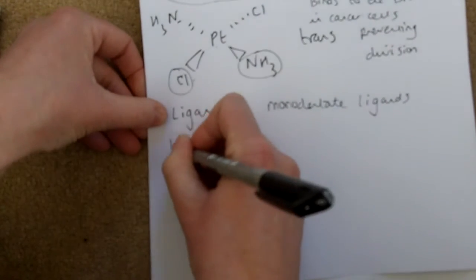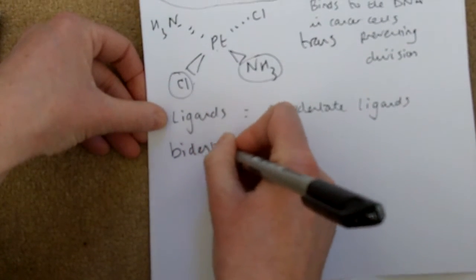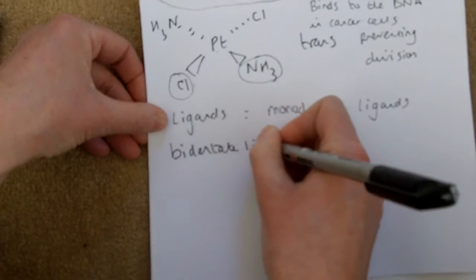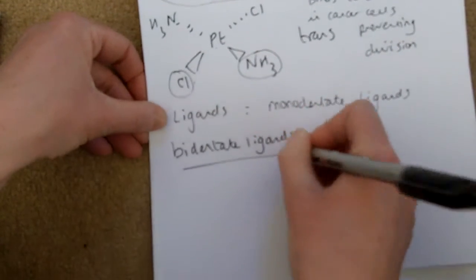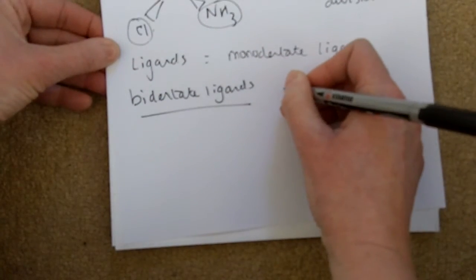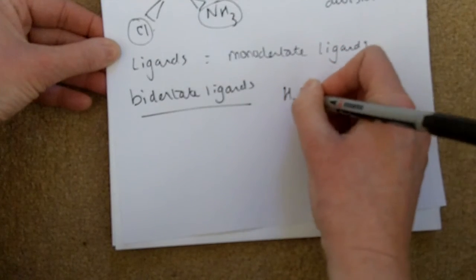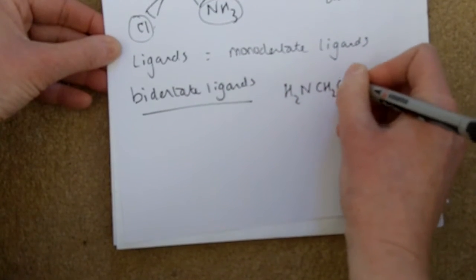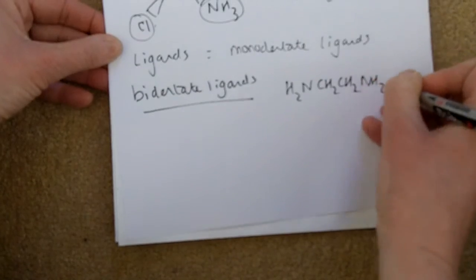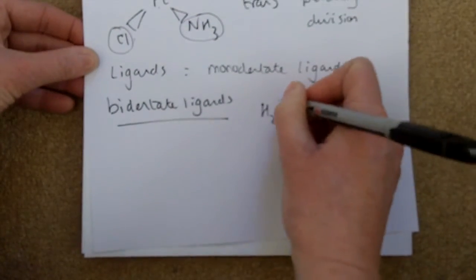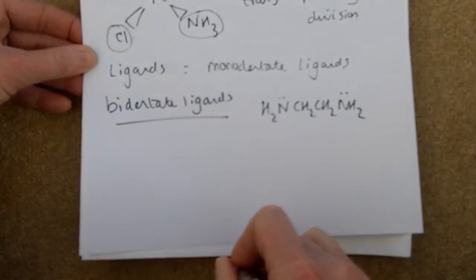But you can also get bidentate ligands. Now there's two really common ones, right? So a bidentate ligand, if we do this one first, is one molecule, but can you see it's got two lone pairs of electrons?